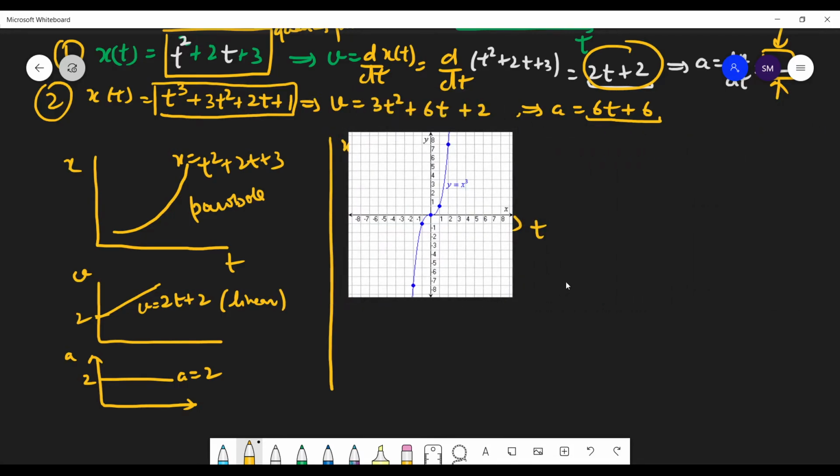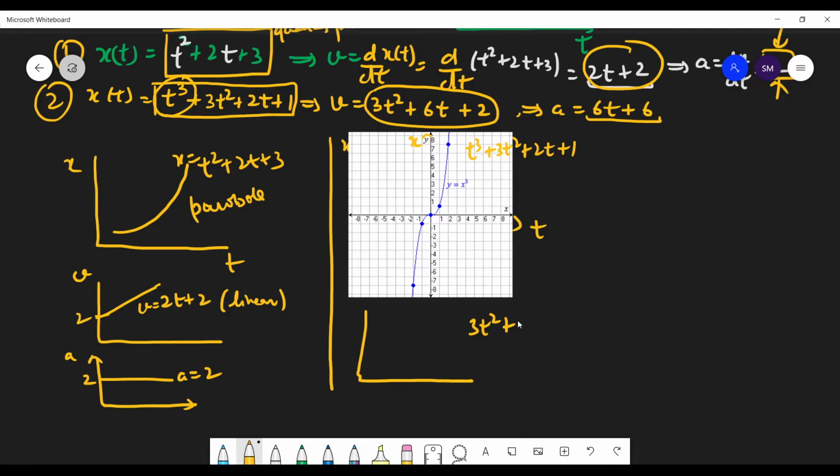So this is your time and this is your displacement. This is the graph of only t cube. The graph of t cube plus 3t square plus 2t plus 1 will be totally different from this, but I am just giving you an example. Try to understand. Now what will be the graph of this?